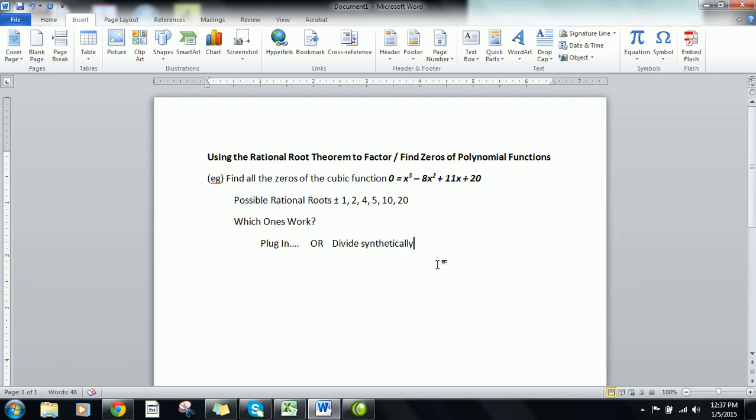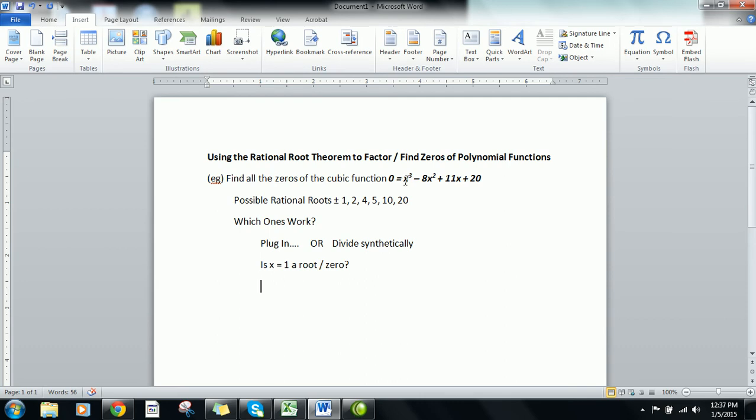So let's check 1, right? And I think we did 1 in class. So is 1 a root or zero? Does it work? I'll check to see if positive 1 works by plugging it in. What I'm going to do is plug 1 in every time I see an x.